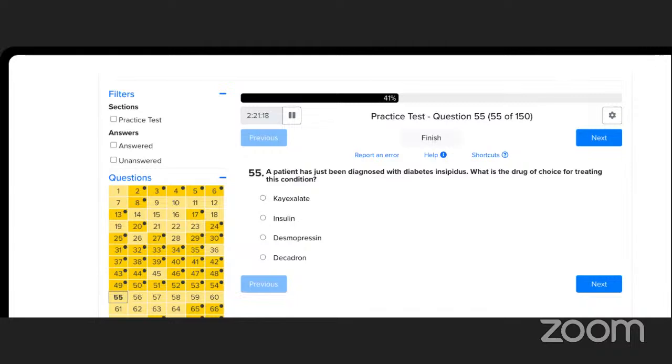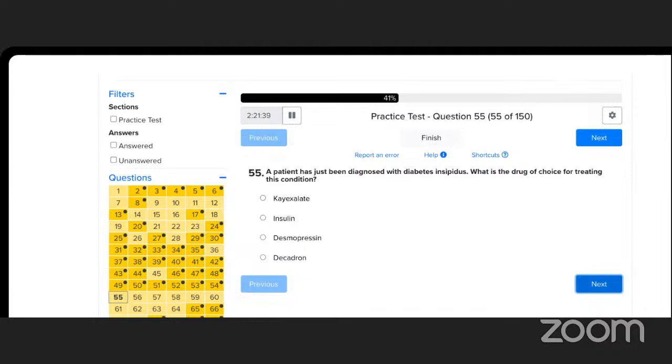Okay, which one? Does anybody know which one it is? So it's not K-Exalate. K-Exalate has to do with the potassium. So I'm gonna pick C, just by process of elimination.